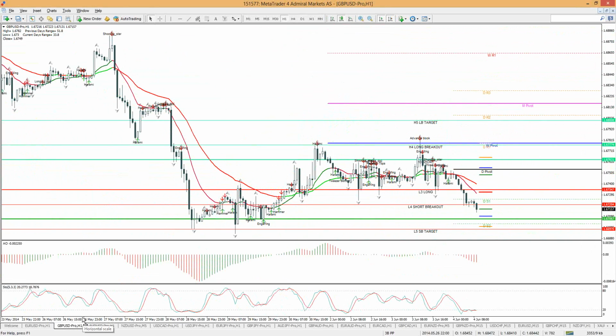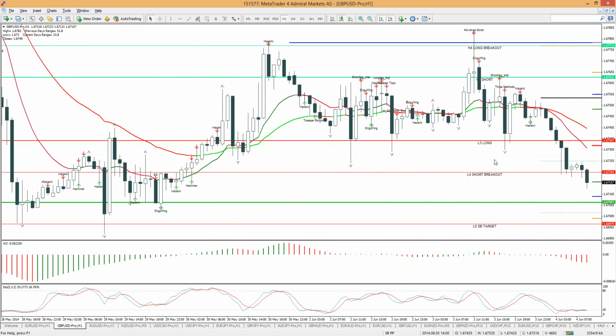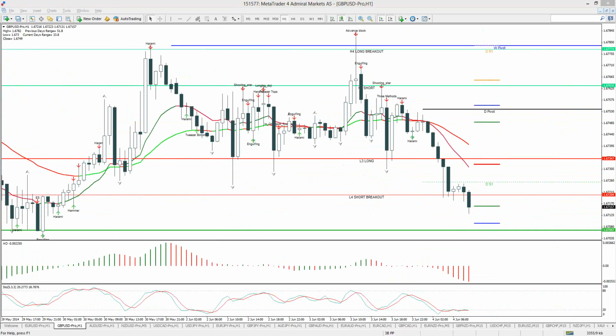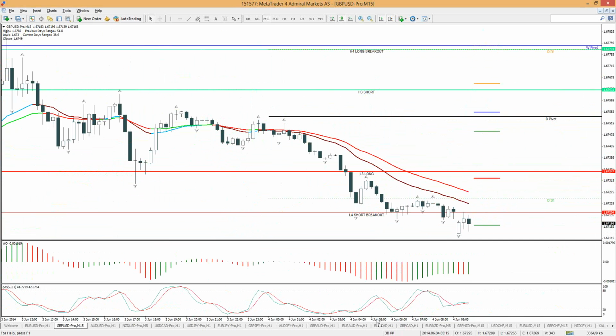Alrighty, this is pound dollar. So basically here we see a downtrend on the hourly, a big downtrend in fact, and a big wide open gap right here. On the 15-minute chart, between those moving averages, same thing.